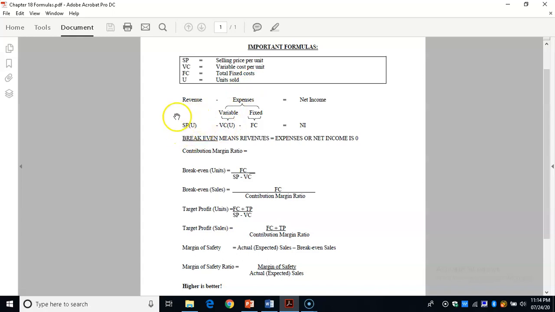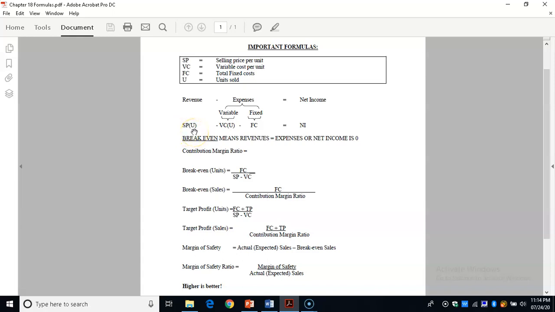So if I take my revenue minus my costs, I get my net income. How do you figure out your revenue? Well, it's SP times U. For example, if the selling price is $5 and I sell 10 units, then my revenue, what is 5 times 10?